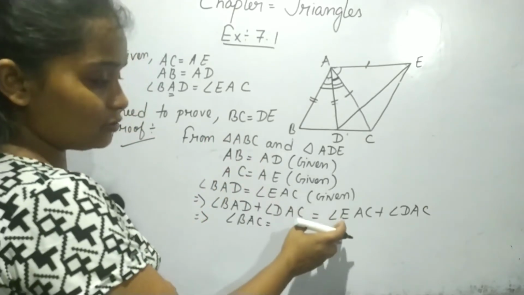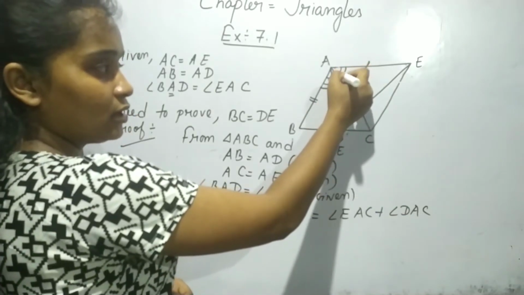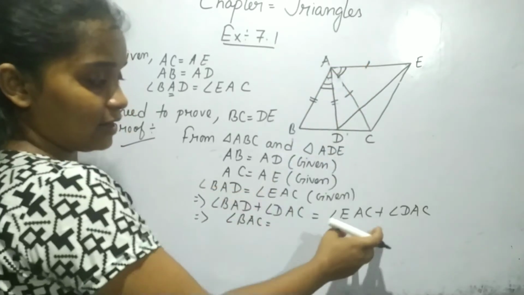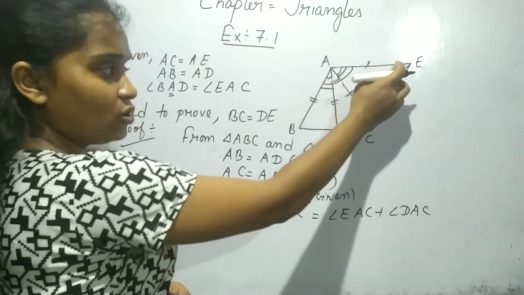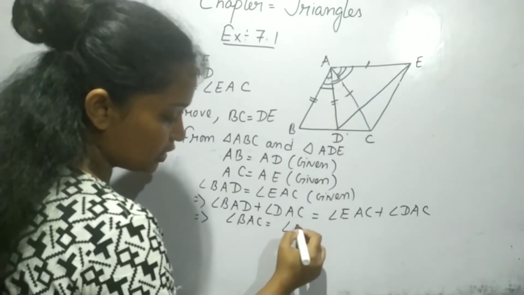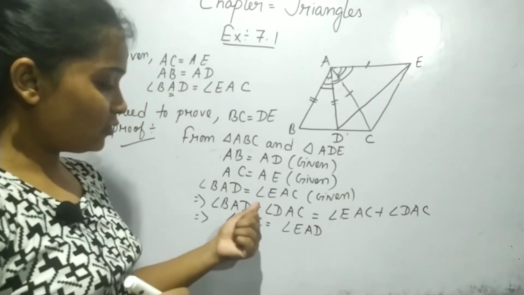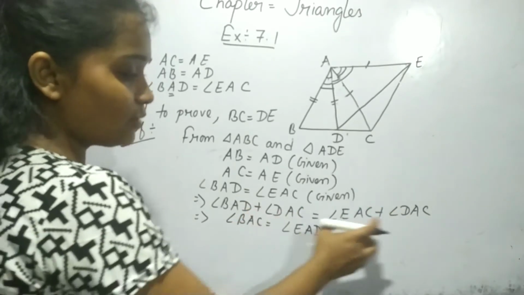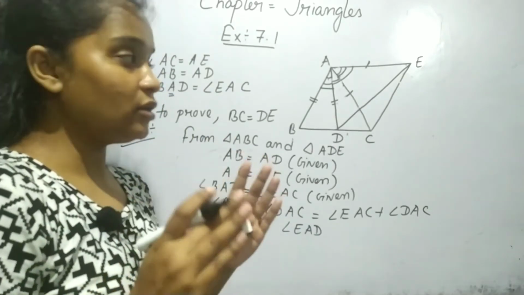The other one, EAC plus DAC: EAC is this one and this is DAC, so together I can call them EAD. And you have to know that whatever you add on the left side, you need to take the same on the right side also.